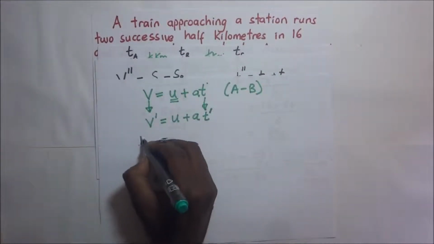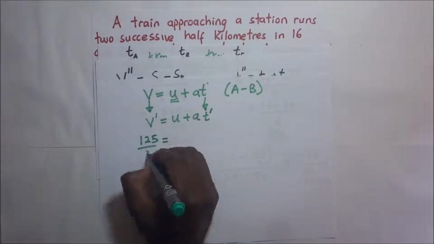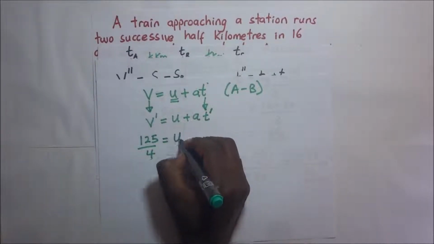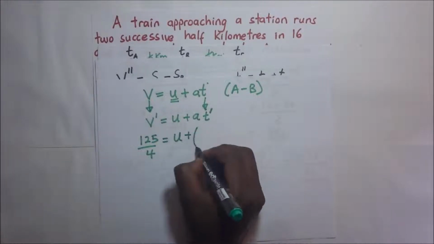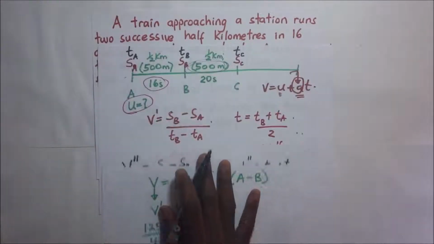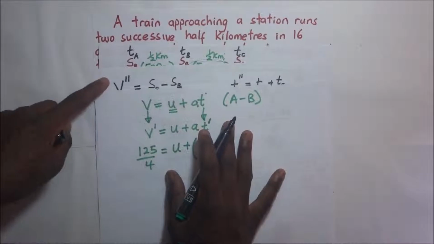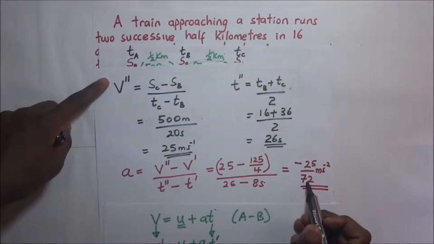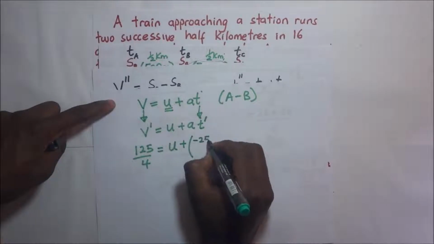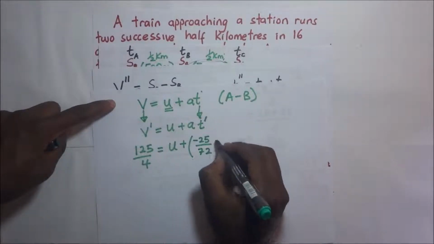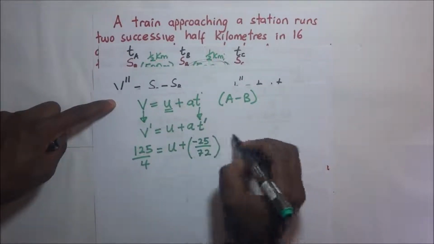So 125/4 is going to be equal to the initial velocity u, which I'm looking for, the velocity at point A, plus the acceleration I got earlier. My value of a is negative 25/72, so it's negative 25 divided by 72 times time t prime.